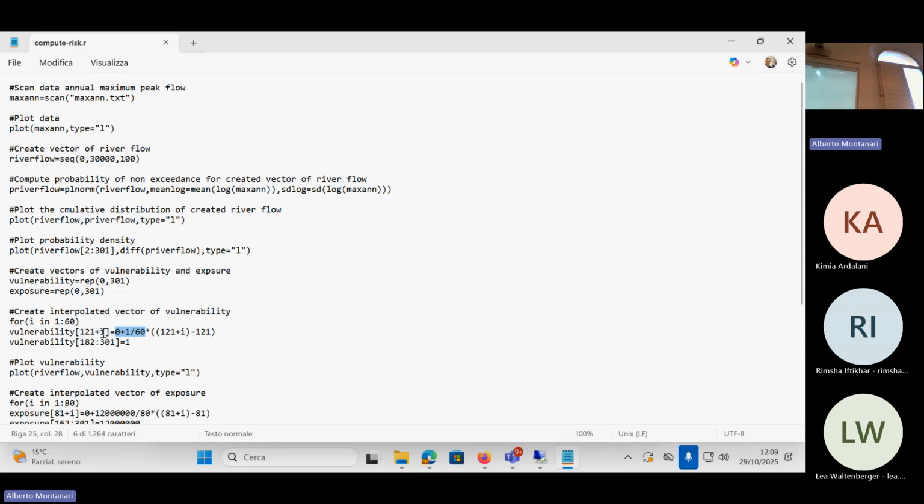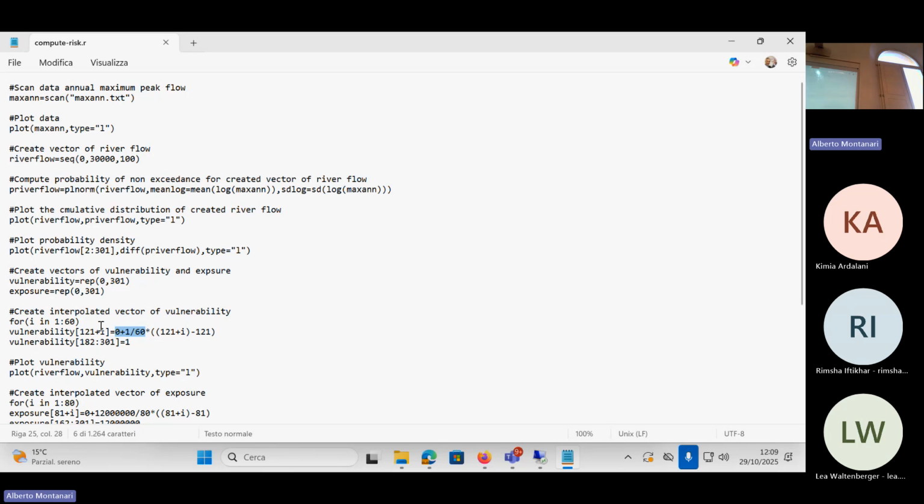So 0 plus 1 divided by 60, because 1 is split in 60 steps, which multiplies 121 plus I minus 121. Here you could have simply left I. I put 121 because, you see, the result of the summation 121 plus I minus 121 is I. I just put the values for clarity.